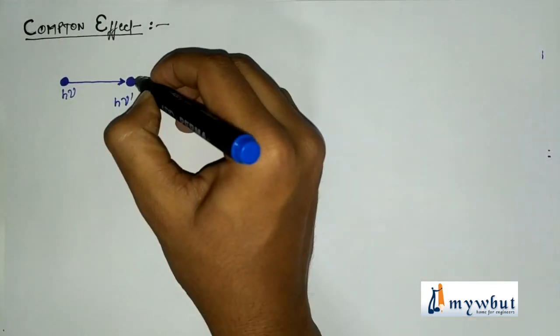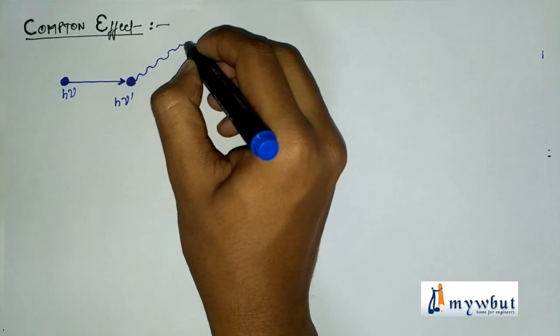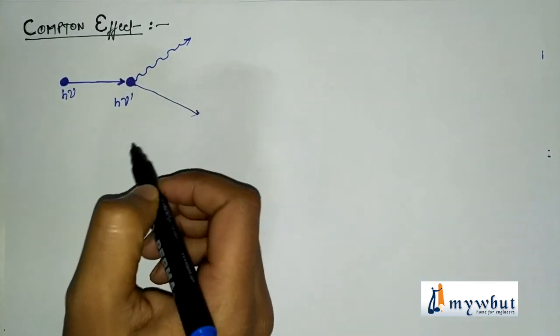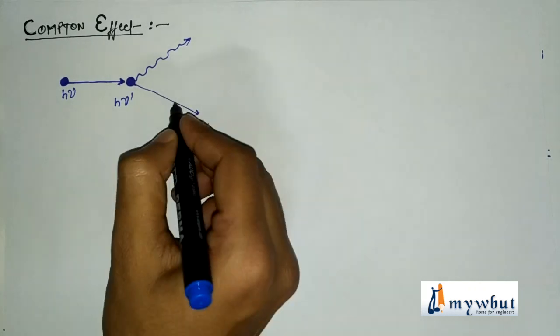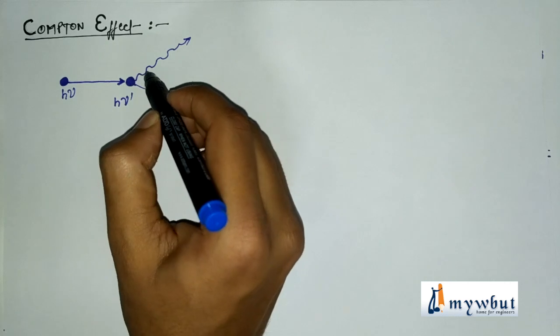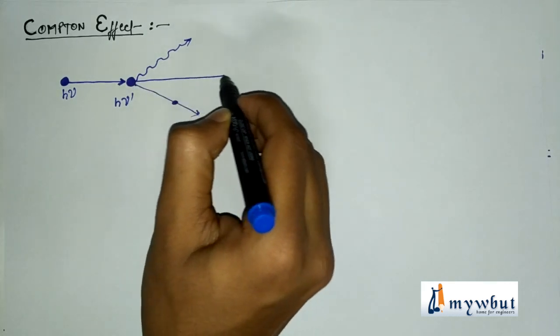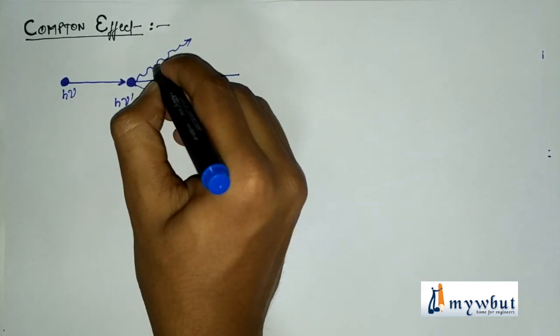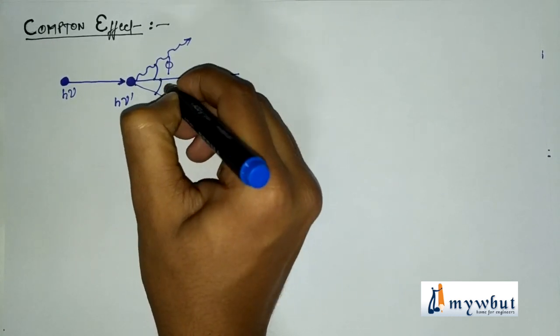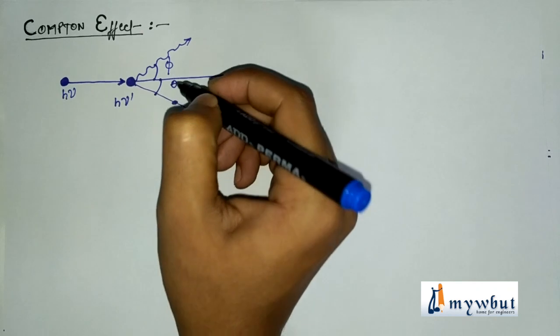So the photon is scattered in a different direction and the electron is also forced to move in a different direction. So this effect is known as Compton effect. If this is the reference line, the scattering angle of the photon, let it be phi, and the scattering angle of the electron, let it be theta.